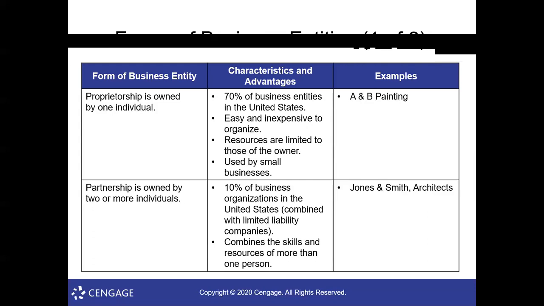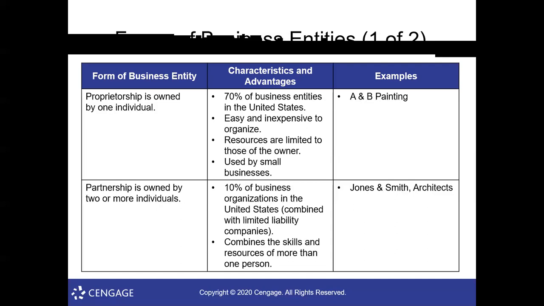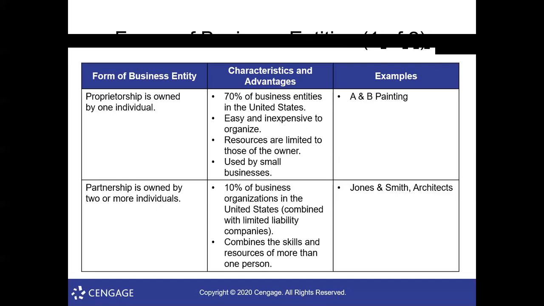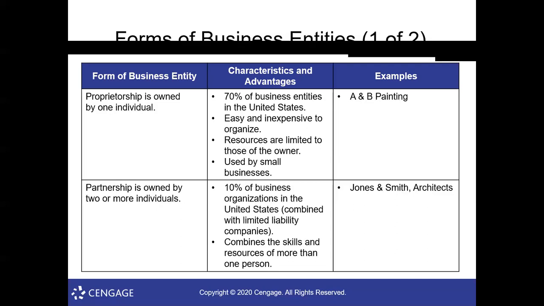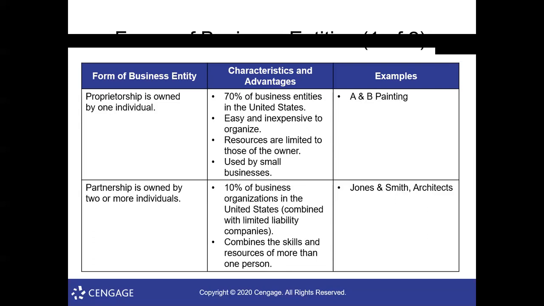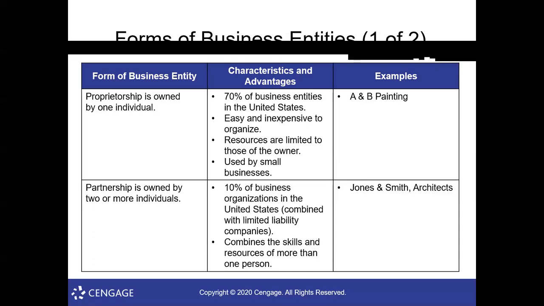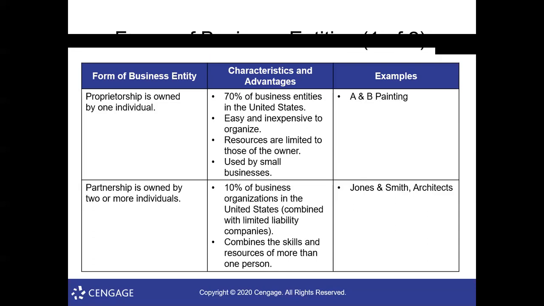Partnerships: if your business gets more complex and you require some help, then partnership is the next one. This is owned by two or more individuals. Architectural firms, lawyer firms, CPA firms are all partnerships. They can have limited liability.